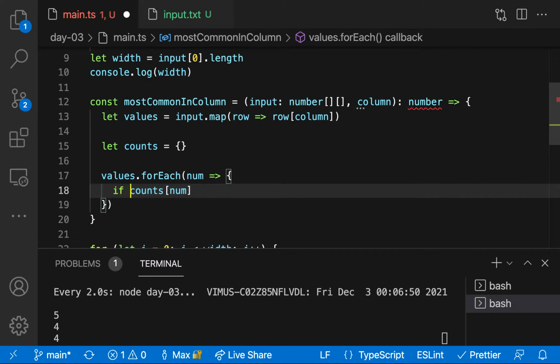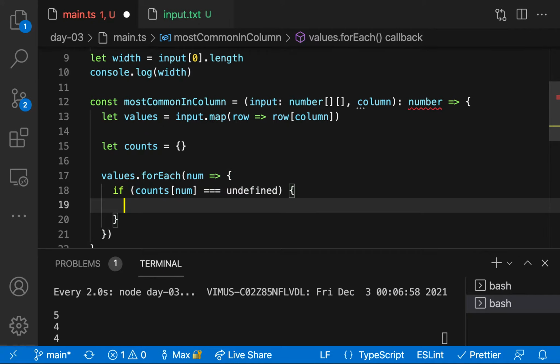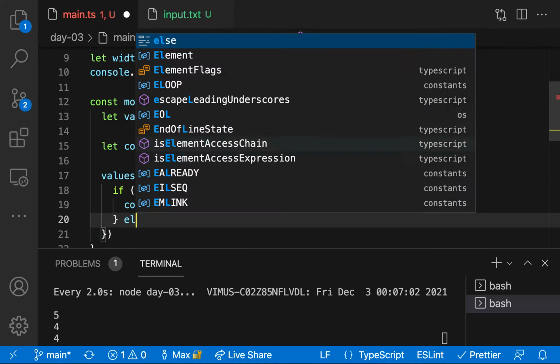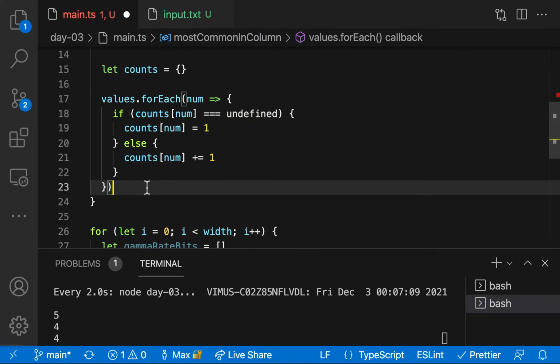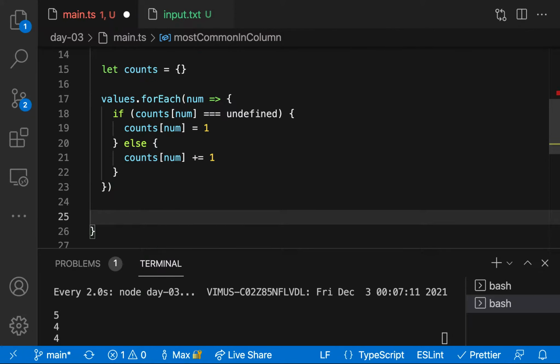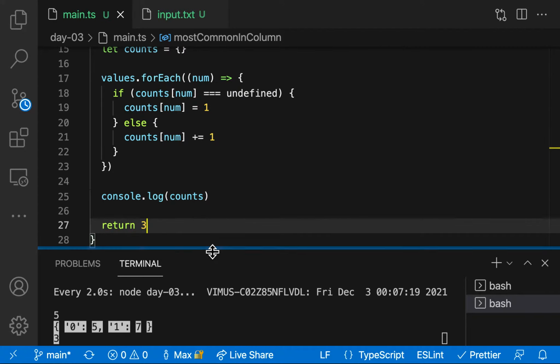No, if counts num is undefined, counts num equals 1, else counts num plus equal 1, and then let's take a quick look at this.